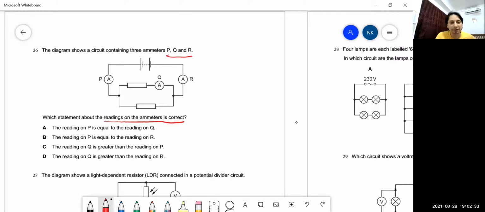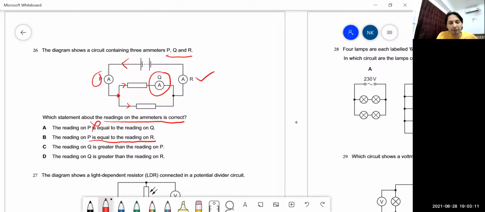The reading on P is equal to the reading on Q is not possible, because the battery has produced some current that will pass through P, but after reaching the junction point it will divide. Some current will go to this side, some to this side, so it means P is not equal to Q. Option A wrong. The reading on P is equal to on R. Where is R? Okay, this is R.